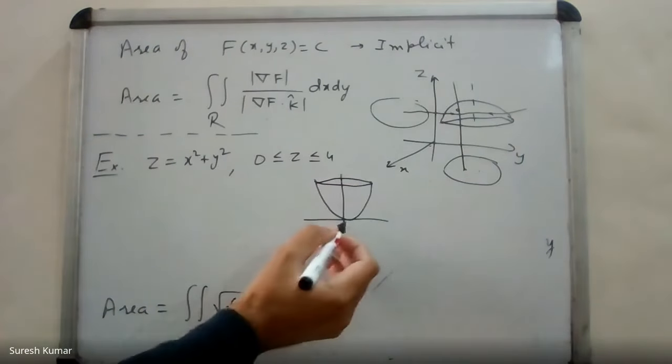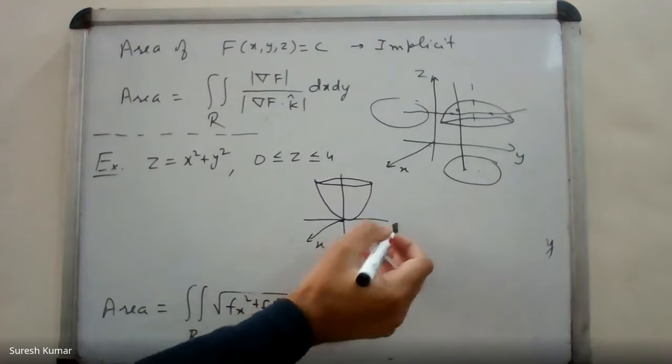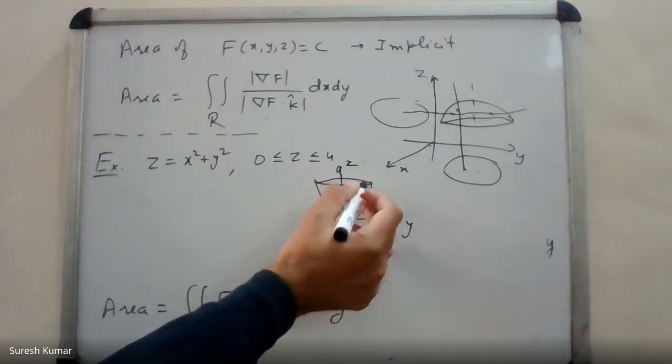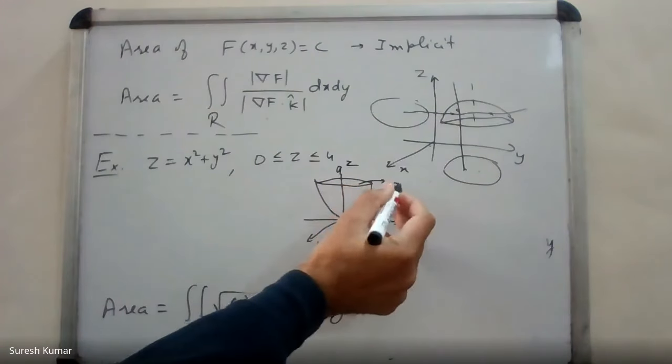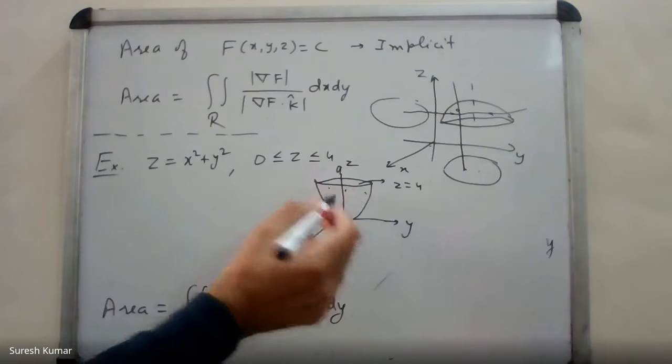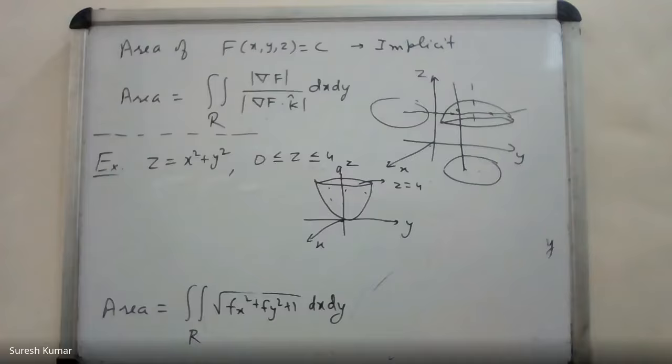This is the shape of this paraboloid. x-axis, y-axis, z-axis. The circle is lying in the plane z equal to 4. So we are interested in finding the surface area of this paraboloid between z equal to 0 and z equal to 4.